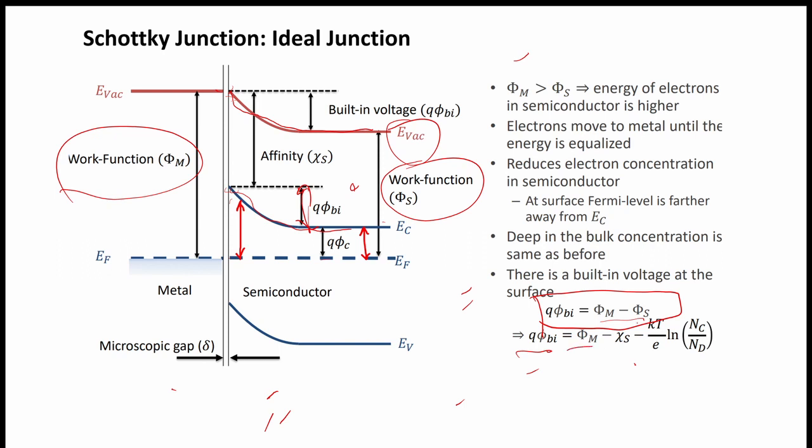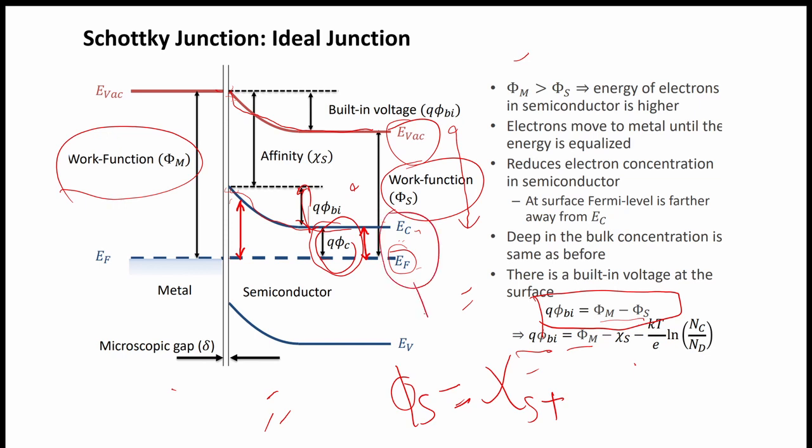Phi s is equal to the electron affinity chi s plus the difference between the conduction band and the Fermi level, and this difference can be calculated from the doping.